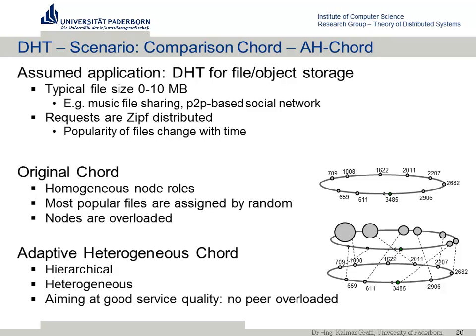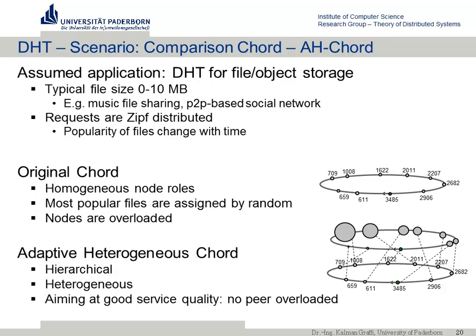What you see, first of all, is two rings. There's not just one ring, but two. The first one is very known to you. This is the original Chord ring, which is ordered by the object IDs. And the second one is another ring which is not ordered by the object IDs but by the peer capacities.